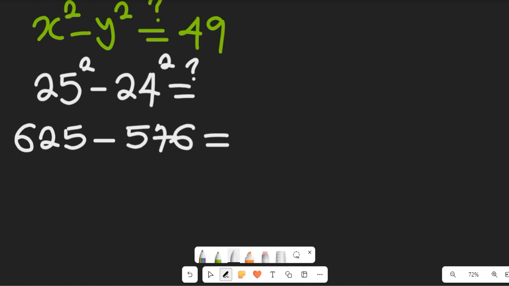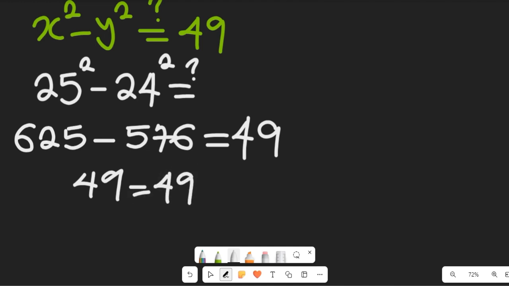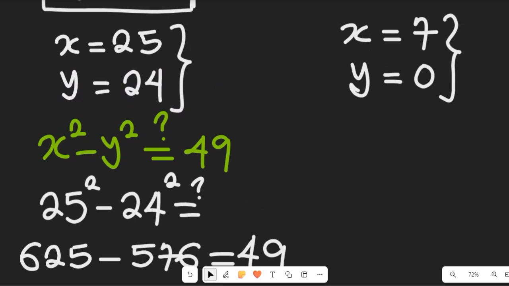Yes, we can, because 5 minus 6 is not possible, so we borrow 1, and that will give us 9, right? And then we'll be left with 11 minus 7, which is 4. So 49 is equal to 49, which tells us that the expression x equal to 25 and y equal to 24 is absolutely correct.